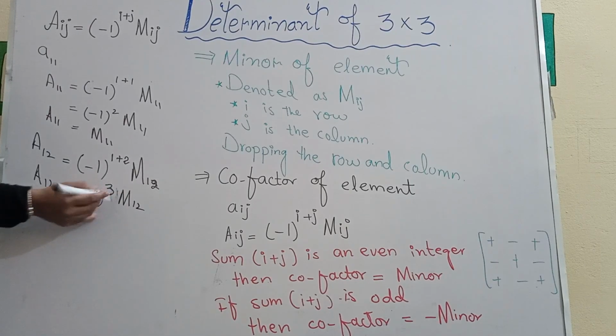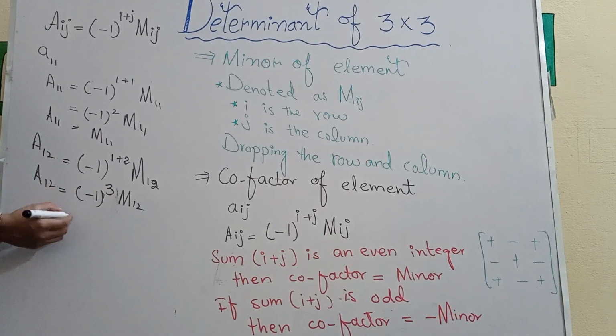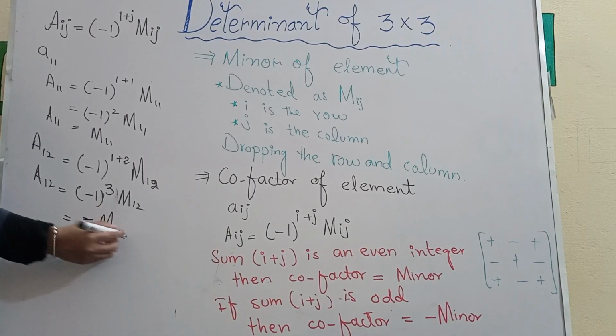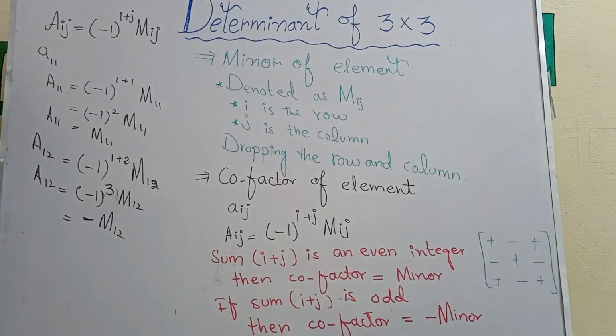Here the power is 3, so it remains as minus, so it becomes -M12. That means whenever the sum of the row number and the column number is an even integer, the cofactor is equal to the minor, and if the sum is an odd number, then the cofactor becomes the minus of the minor of the element.